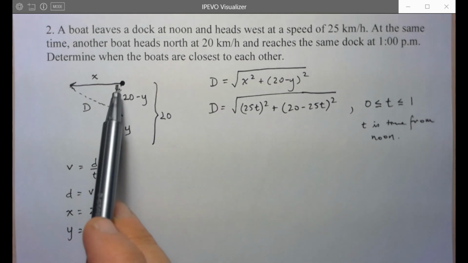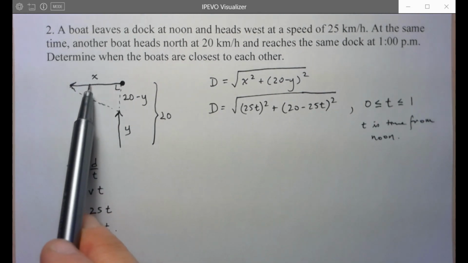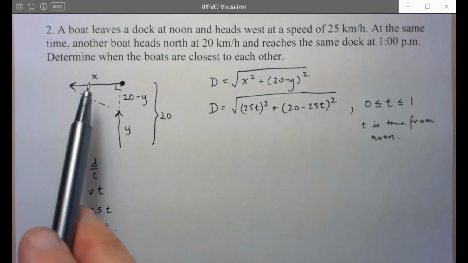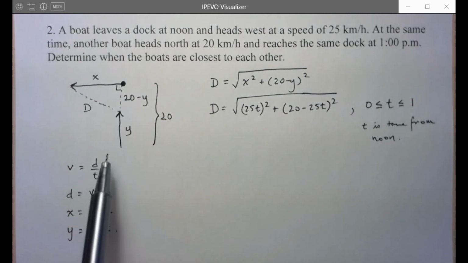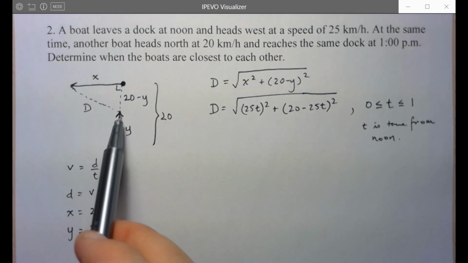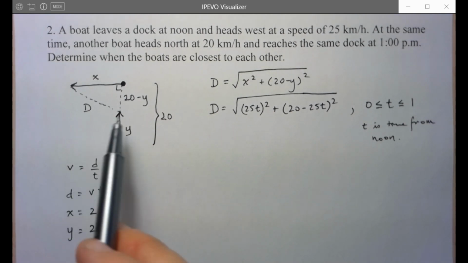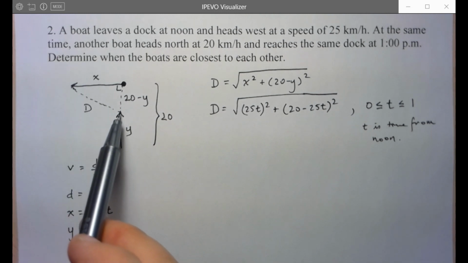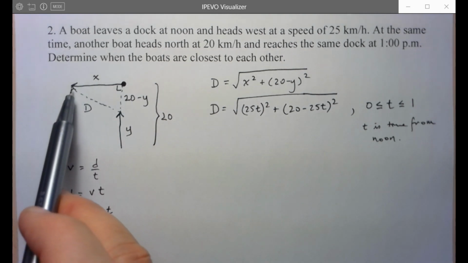I had my dock. I had one boat leaving from the dock, so I could represent its distance with this arrow moving westward, whereas the second boat was heading toward the dock in the northward direction. So I represented the distance it traveled by this arrow here. Then at some point in time between 12 and 1, they would be at their closest. That was represented by this line here, which allowed me to create a right-angled triangle.